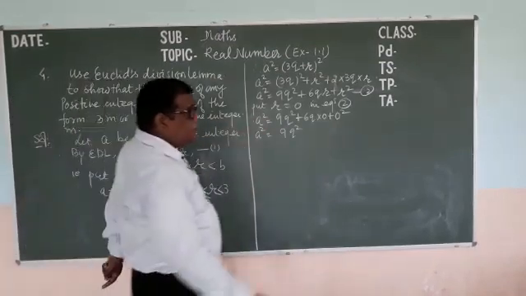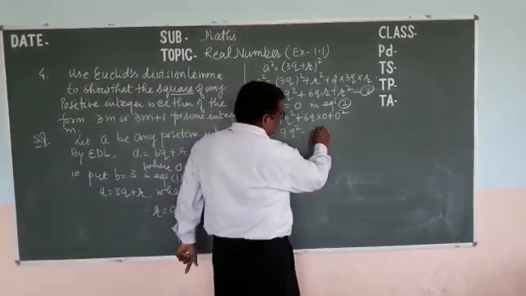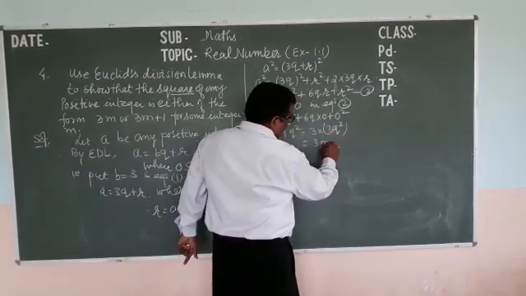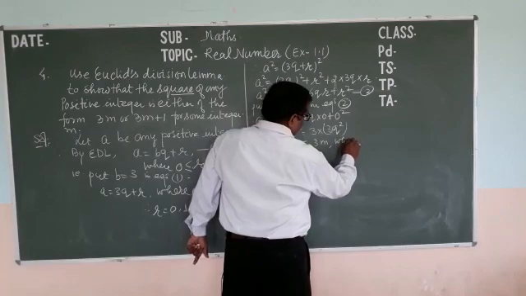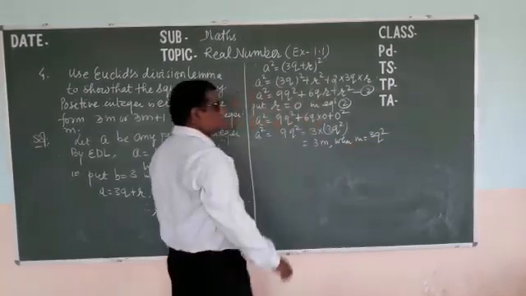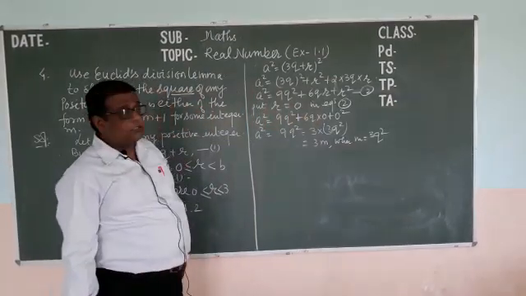Now we factor the 9, that is 3 into 3q square, right? That is equal to 3m, where m is equal to 3q square for some integer q.